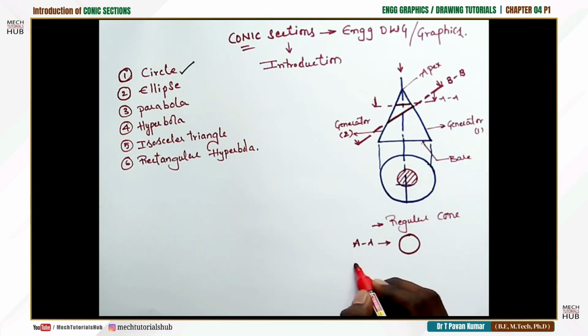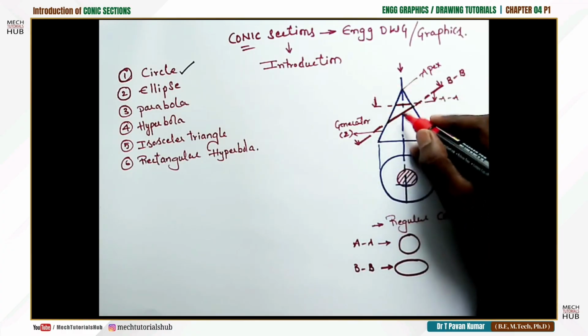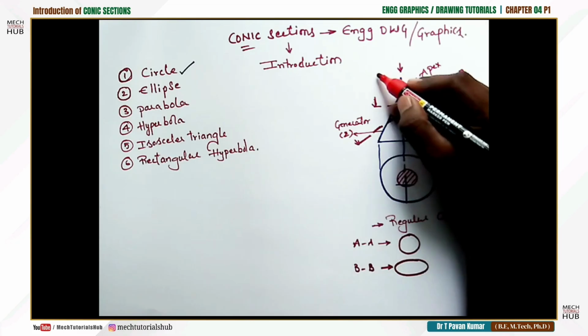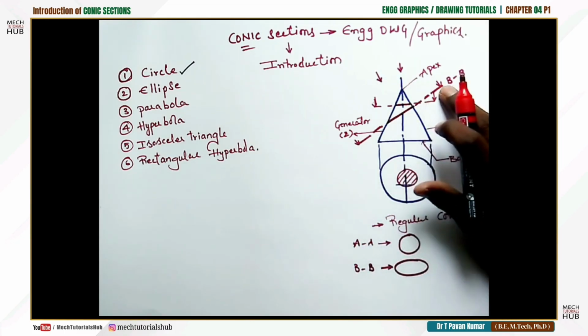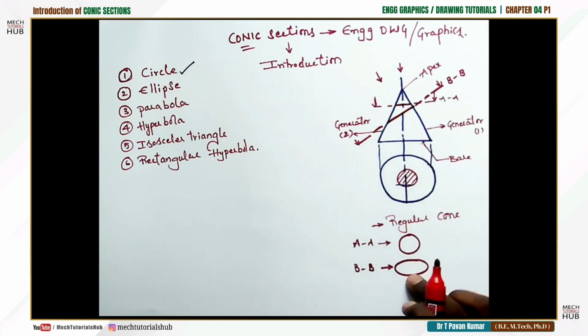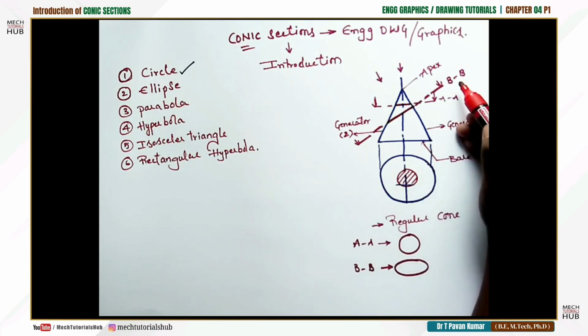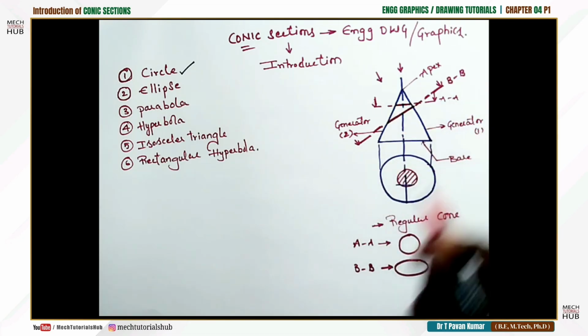If that cutting plane is B, then I could see an elliptical cross section, but the position of the observer should be normal to that particular cutting plane. The observer should be at 90 degrees to the cutting plane. Then only you could see that ellipse. So B-B represents the cutting plane for the ellipse, and AA represents the cutting plane for the circle.